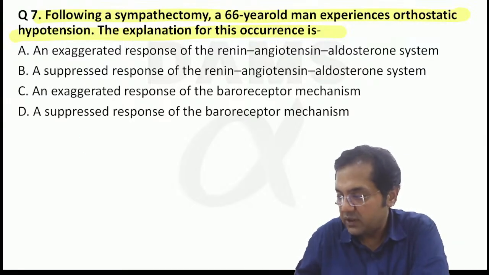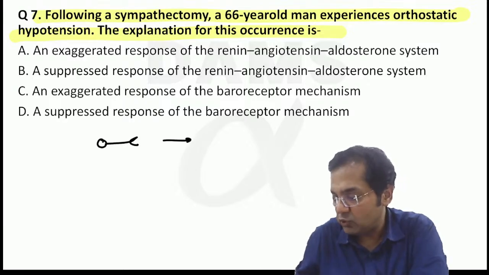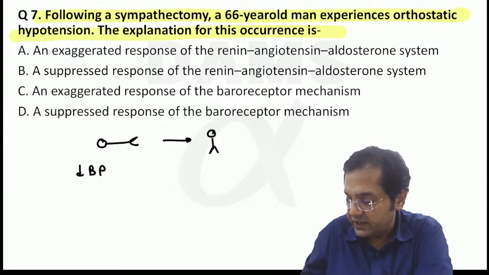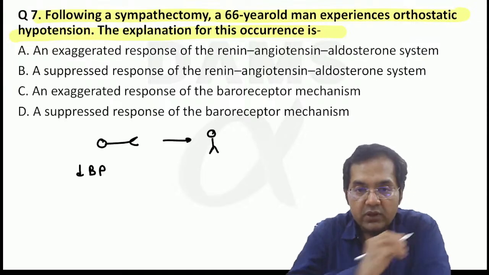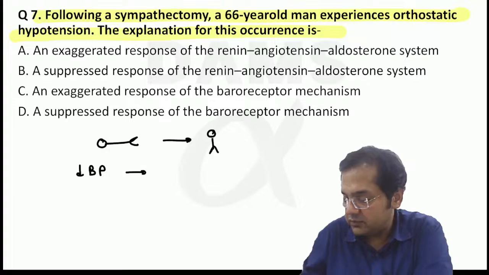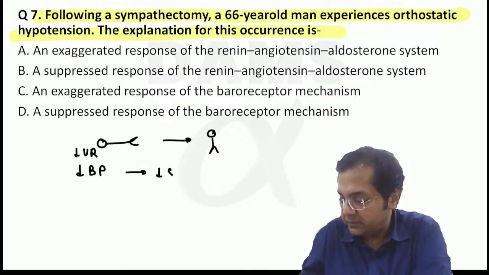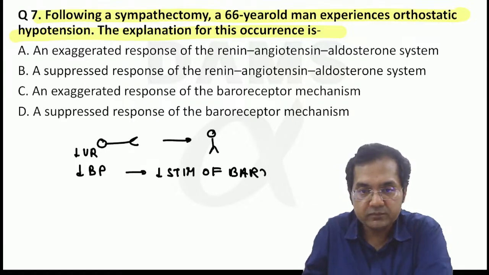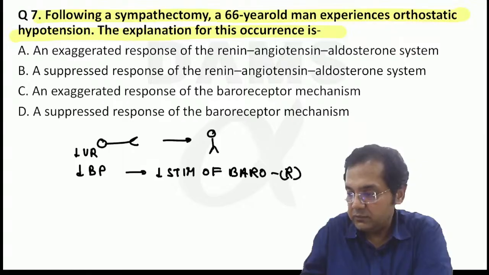Remember, normally the guy is lying comfortably supine, let's say a normal person. He stands up. As he stands up, immediately there is a decrease in blood pressure. Why? Decrease in venous return. Decreased blood pressure means less stimulation of baroreceptors.